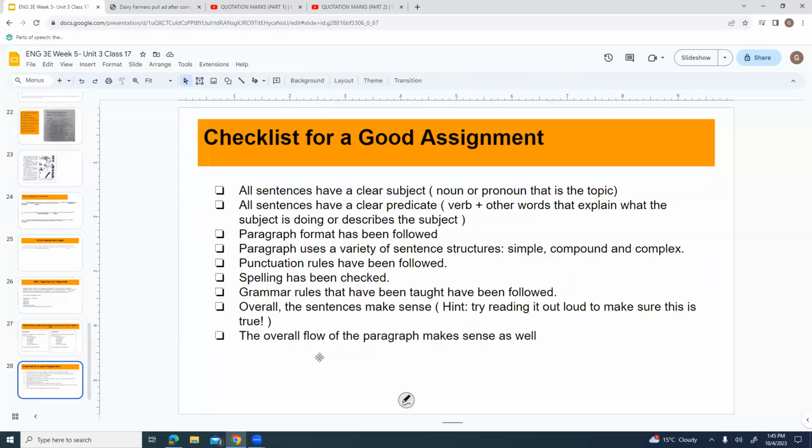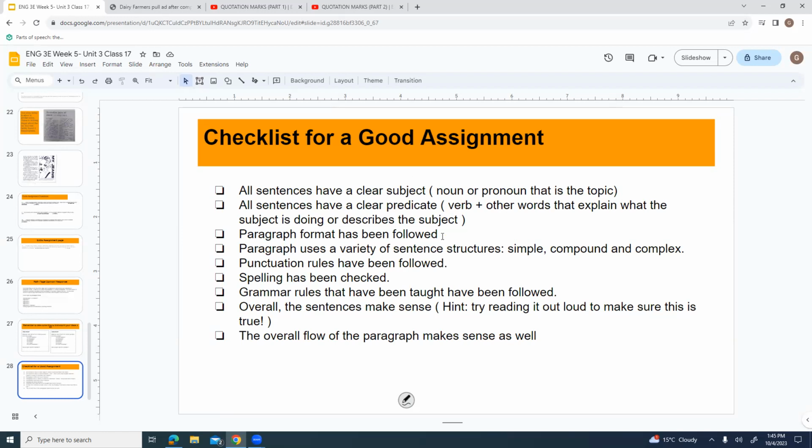Checklist for a good assignment. So please make sure to go back over your work and make sure it meets these criteria, okay? All sentences should have a clear subject, a noun or a pronoun that's the topic. All sentences should have a clear predicate, a verb plus other words that explain what the subject is doing or describes the subject.